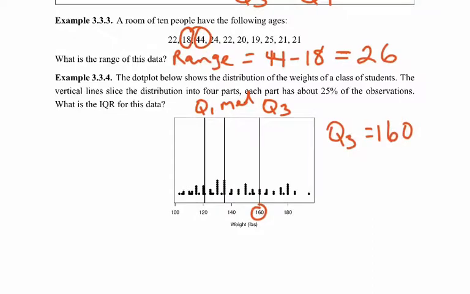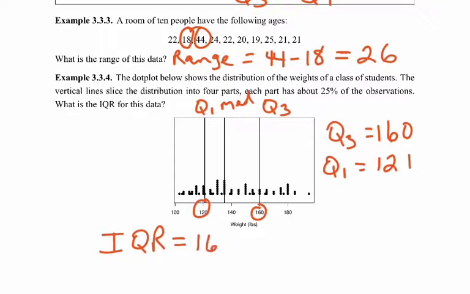And then Q1, it's hard to tell exactly, looks like it might be about 121. So I'm going to say 121. So the IQR, which gives us an idea of the spread for this data, is going to be 160 minus 121, which gives us an IQR of 39.